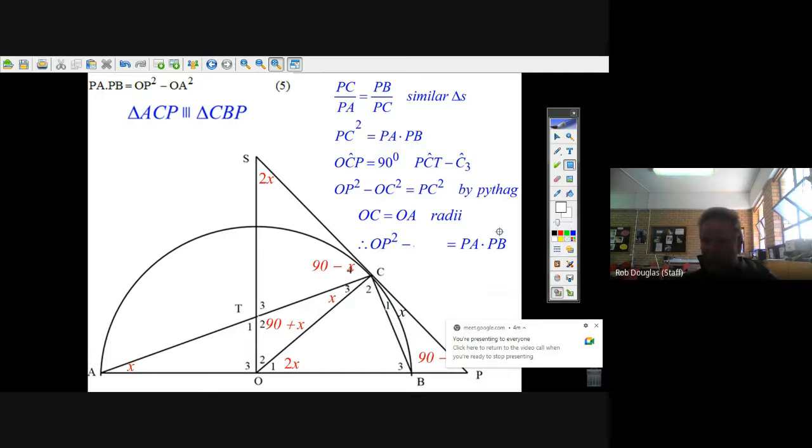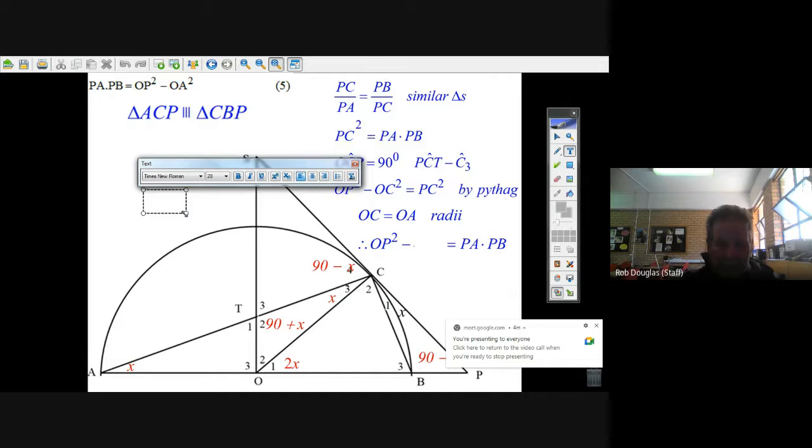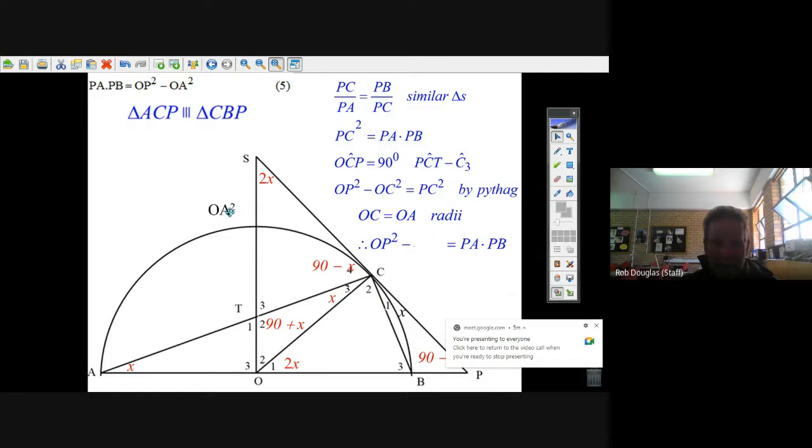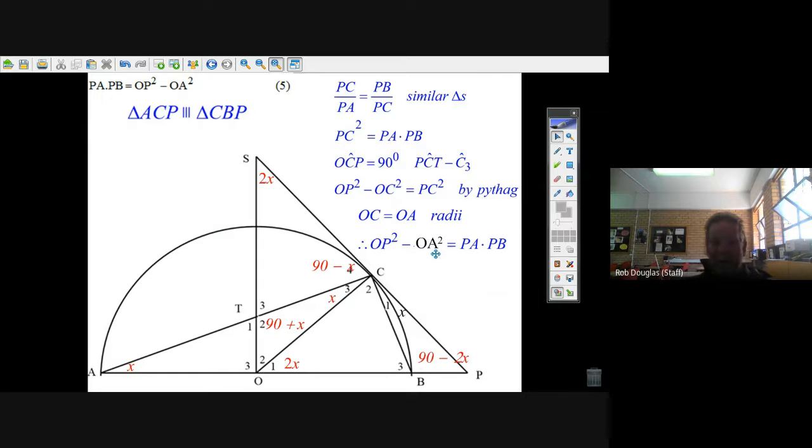We can put in our last answer, which is OA squared. There's the last thing put in there that's going to make it right. OP squared minus OA squared equals PA times PB. Because OC and OA are the same, I can rub out the OC and put OA, and I get the final thing that we were supposed to prove.